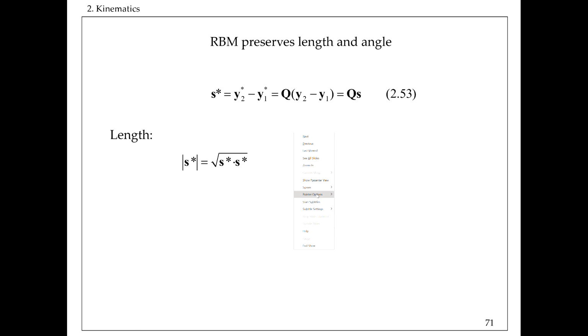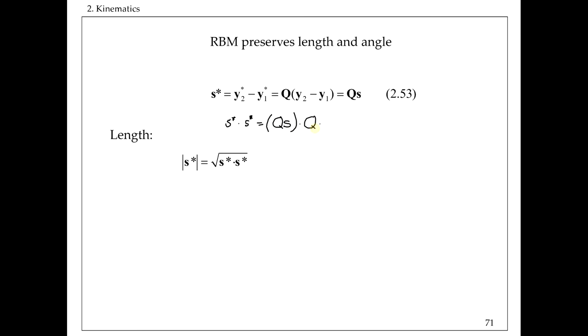So basically what we want to do is to write it in this way. We are writing S star dot product S star, which is basically, by using 253, QS dot product QS.